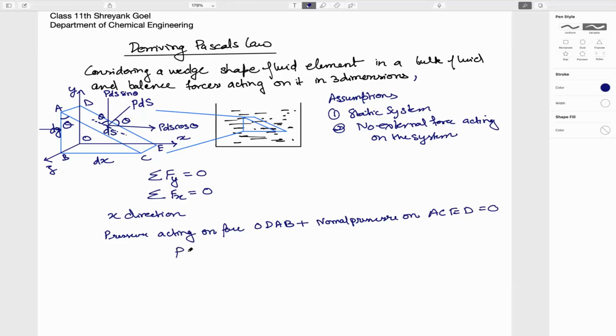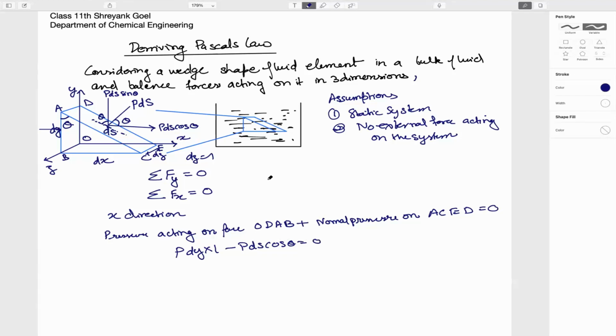That is P into area dy into dz, take dz to be 1, so 1 into 1, plus the normal pressure on ACED, that is P ds cos theta, but in the opposite direction, so minus P ds cos theta. So that should be equal to 0.